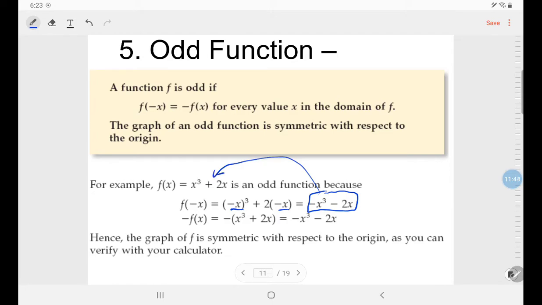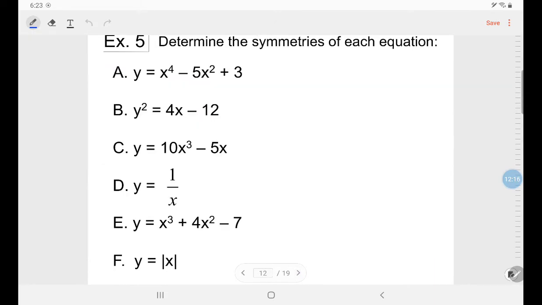No. But it is the negative of x cubed plus 2x. In other words, if I change the x's from positive to negative, it doesn't give me the exact same thing I started out with. It gives me the negation of it. So if I change x with negative x, I get negative y.